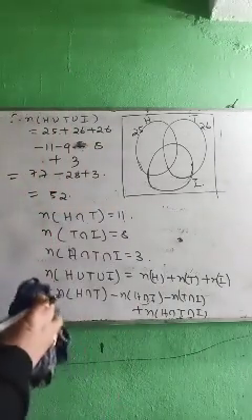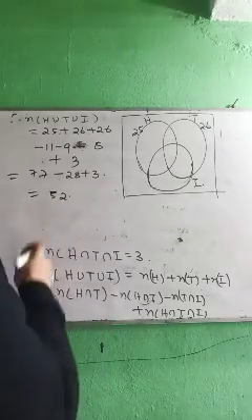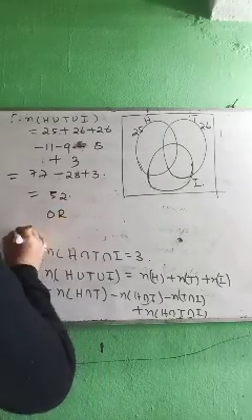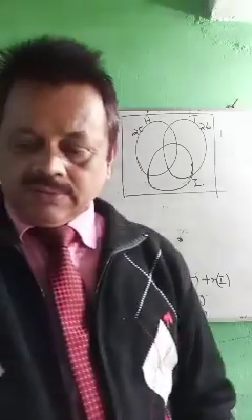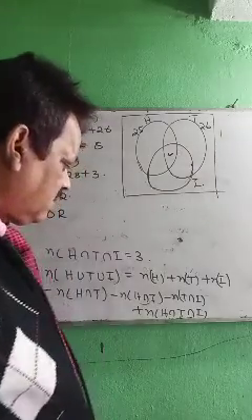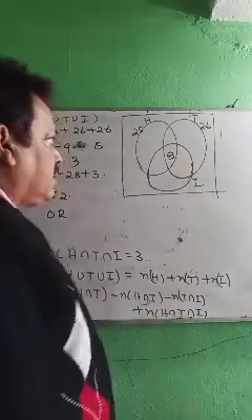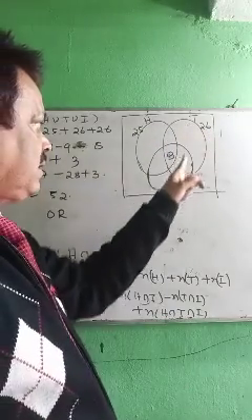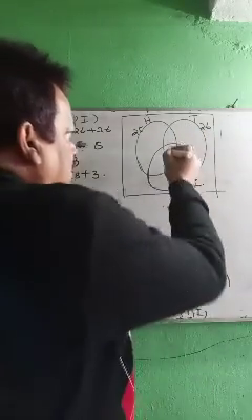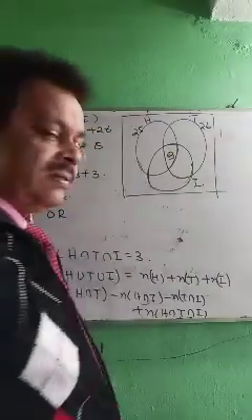Look here, second method is the Venn diagram. First, you put all three parts. All three parts is given as 3. H intersection T intersection I equals 3. This part is 3.